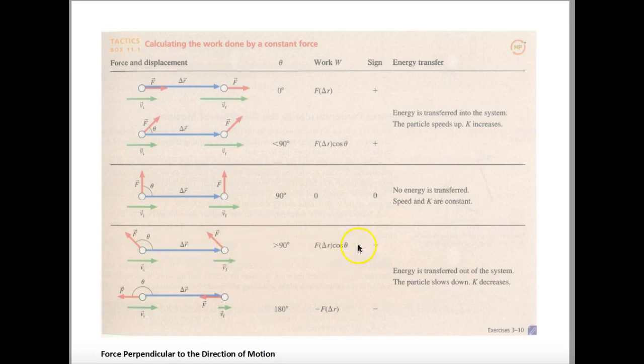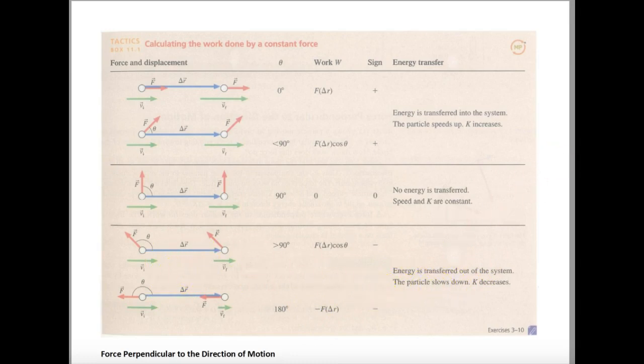We're still using F delta r cosine of the angle, but because your angle is bigger than 90, you're going to get a negative value for your energy. So here, the sign of the work is negative. The sign of the work is also negative if you're at 180 degrees, and remember, the cosine of 180 is going to be -1. So energy here is transferred out of the system and the particle slows down.